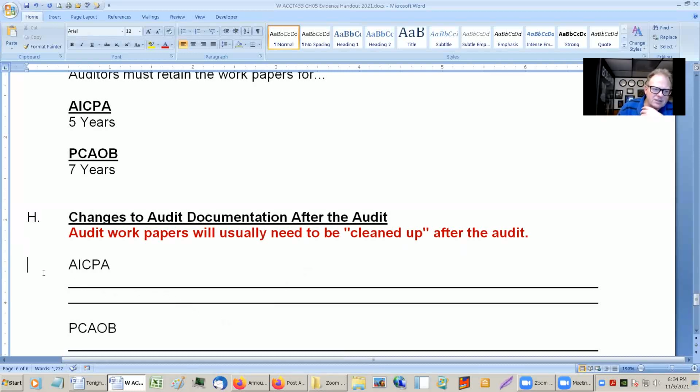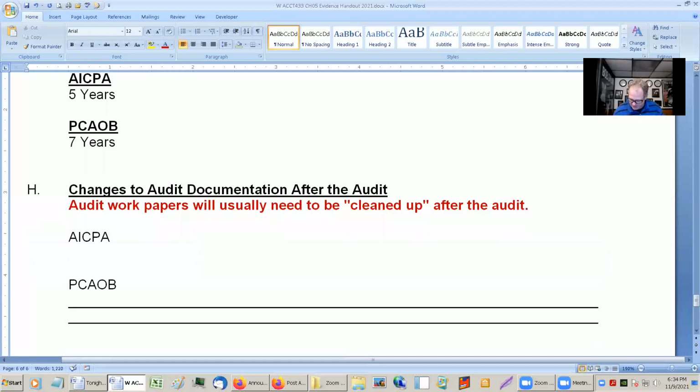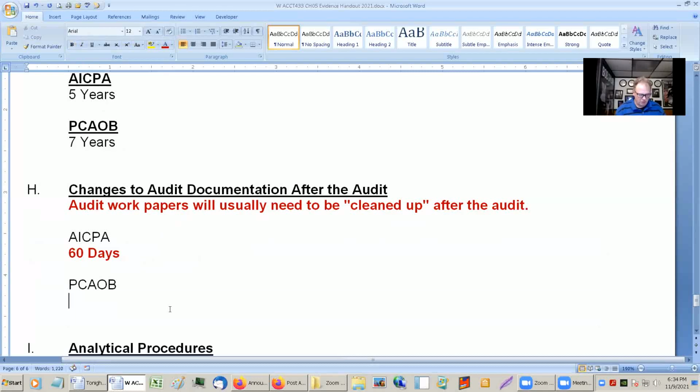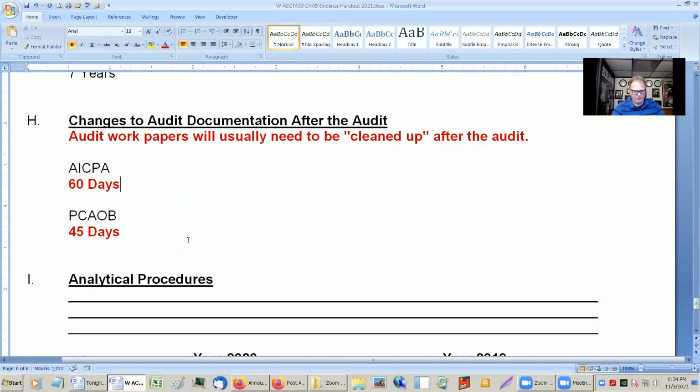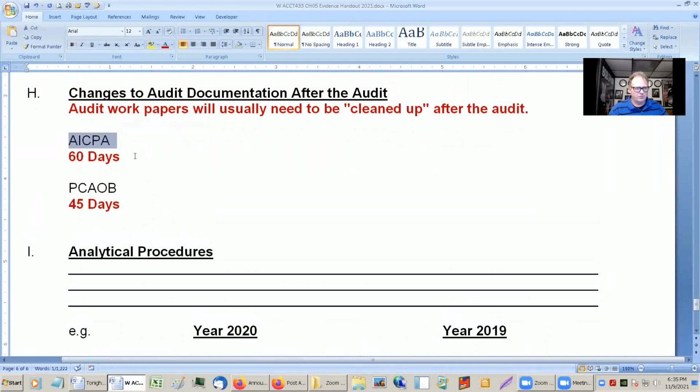Okay, now the question is, how long can you do this? Can you go out a year or 2 years? No. AICPA says you have to clean this up in 60 days. PCAOB, 45 days.